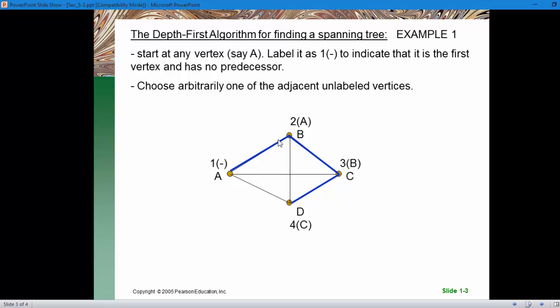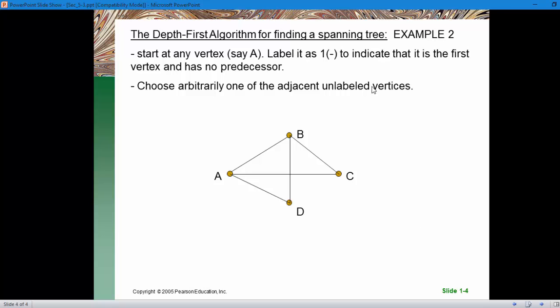And eventually, you will have to go back to the original or to the first vertex. And that's how the algorithm works. And as you visit each vertex and you label them, you're going to highlight the edge, and that will give you the spanning tree.